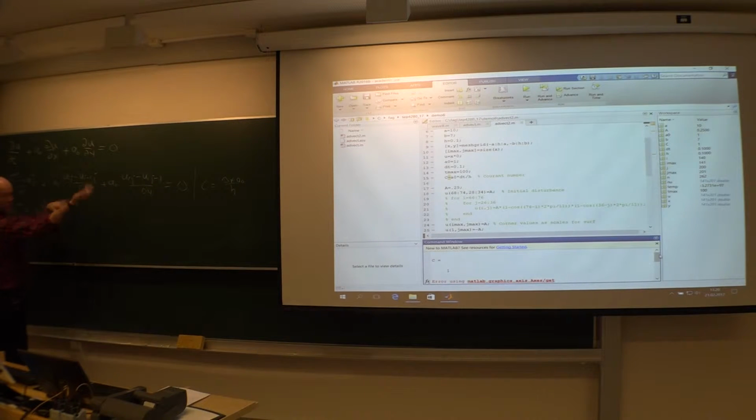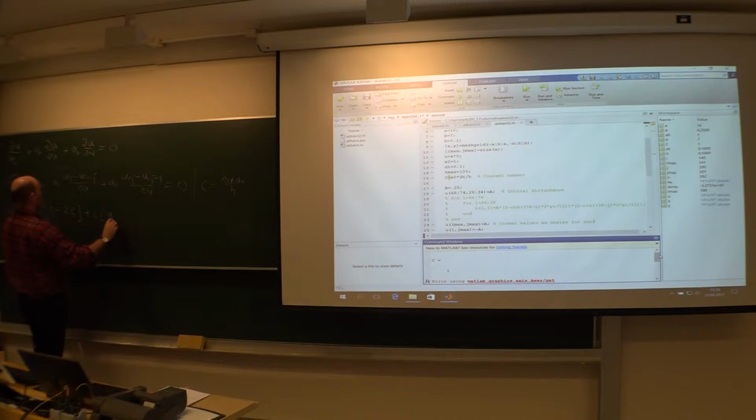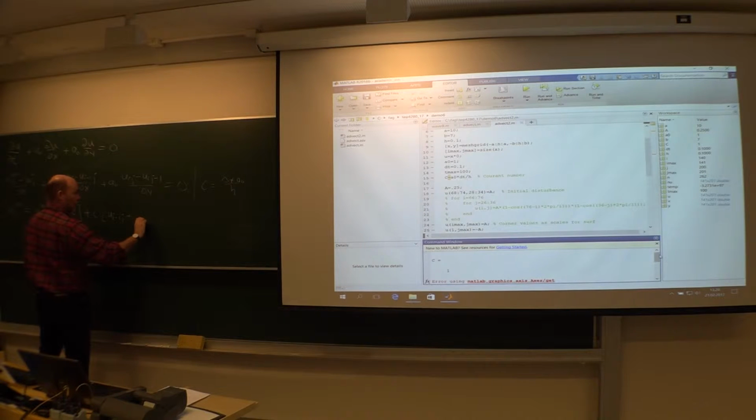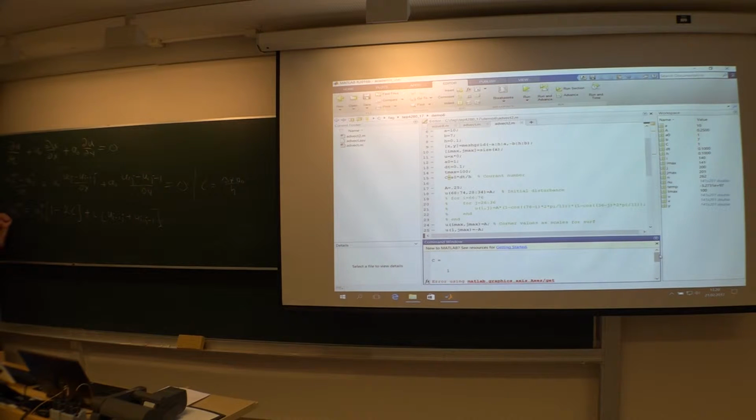They will be negative on the other side, so I'll have minus 2 times the Courant number for these. These two, being negative here, will be positive on the other side, so they will both be multiplied with the Courant number: u_i-1,j and u_i,j-1. There you have the stencil. The sum of the coefficients, 1 minus 2c plus c plus c, is 1. Very nice.